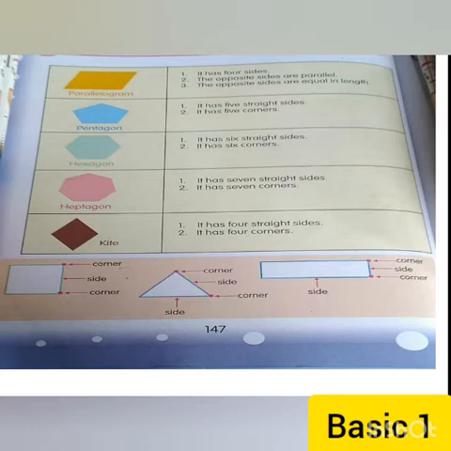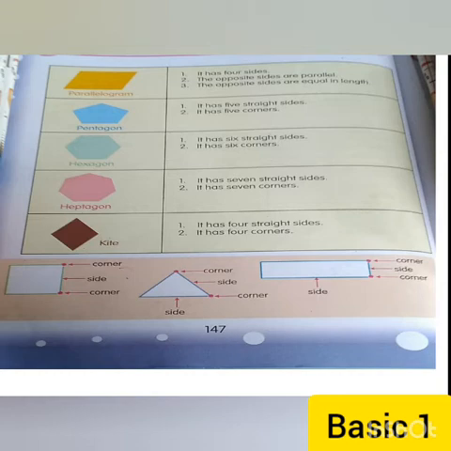No matter how long those lines can be drawn, they will never meet. That's what we call parallel lines. And the opposite sides are equal in length. We have the pentagon, which has 5 sides.